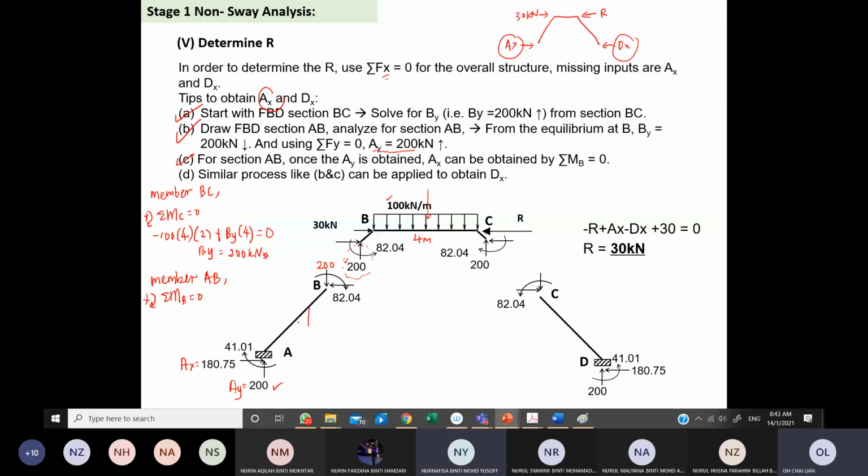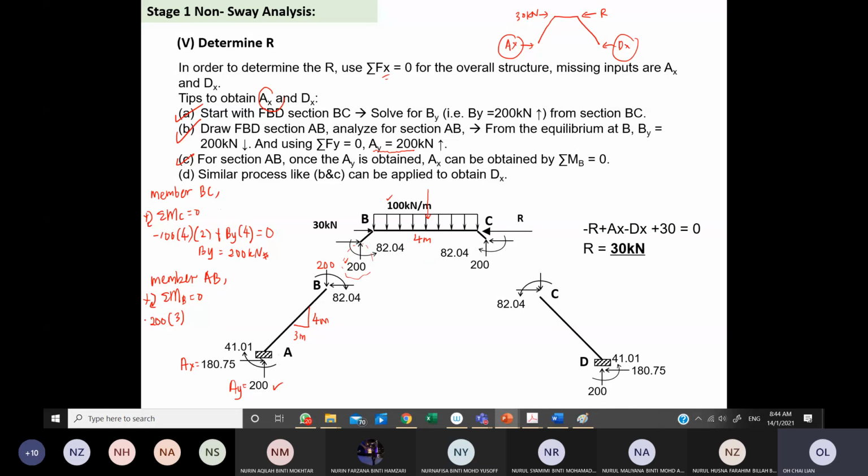Oh, I forgot to give you a dimension. This is 3 meter, this is 4 meter. So let's take the AY first. 200. The distance is? No, 3, correct.